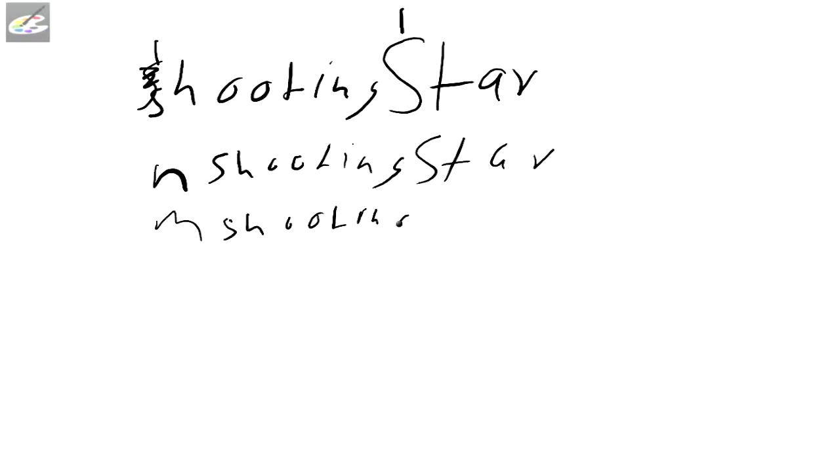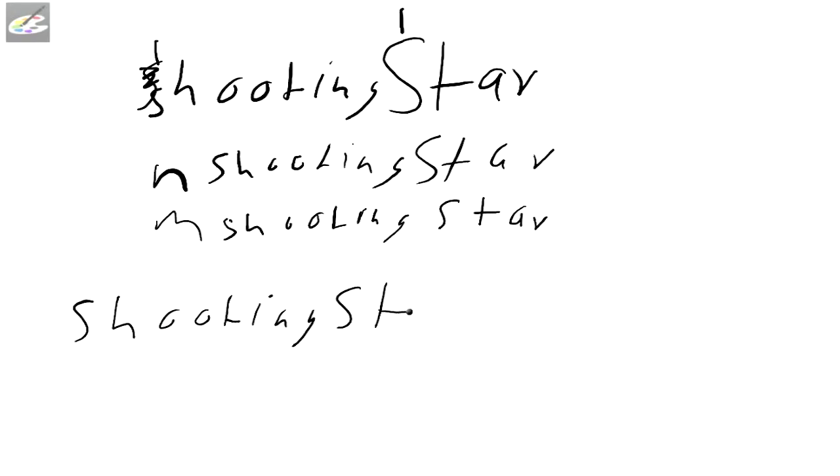In this case, you will not have any miscommunication in the computer. So you could say shooting star is equal to N shooting star, and it won't conflict. As you see, the names are different. That's why you have that type of convention.